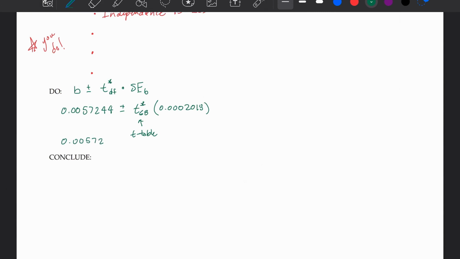So we're going to go in and finish this up here: 2.000 times 0.002862, which equals, in this case, 0.005724, plus or minus 0.004036?